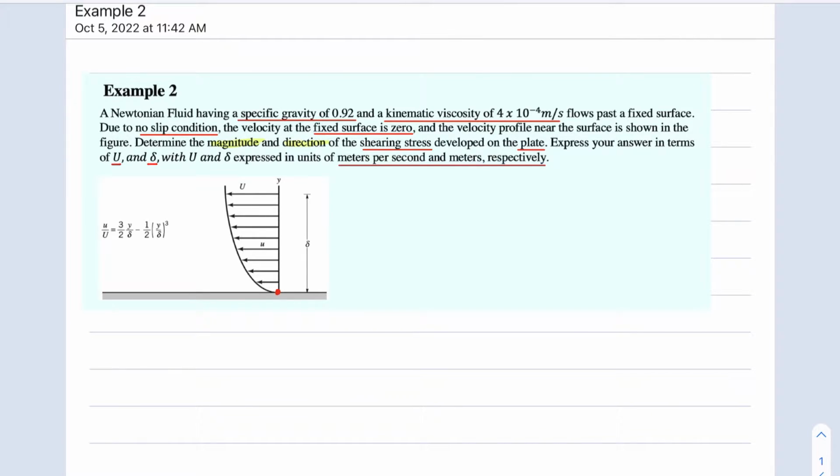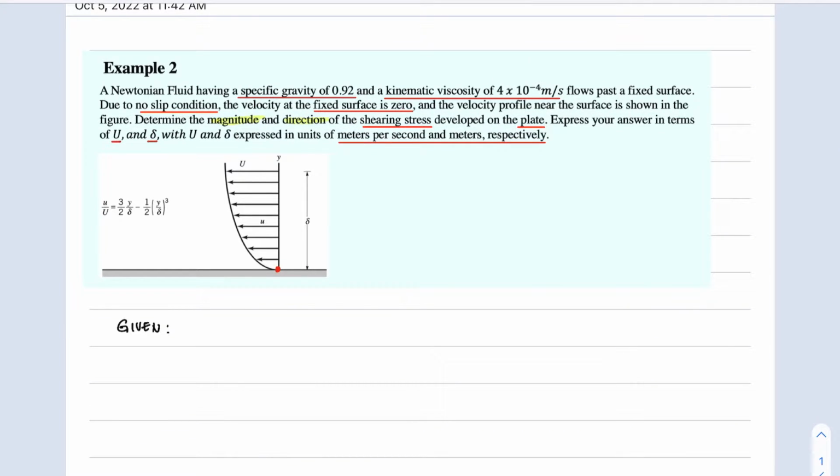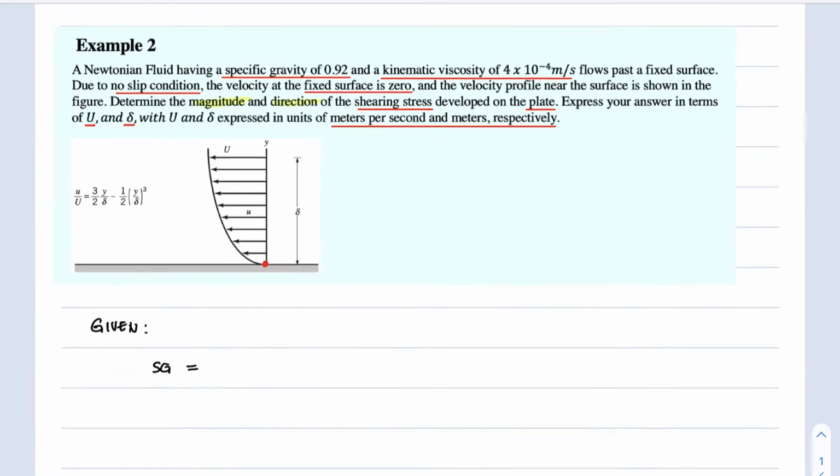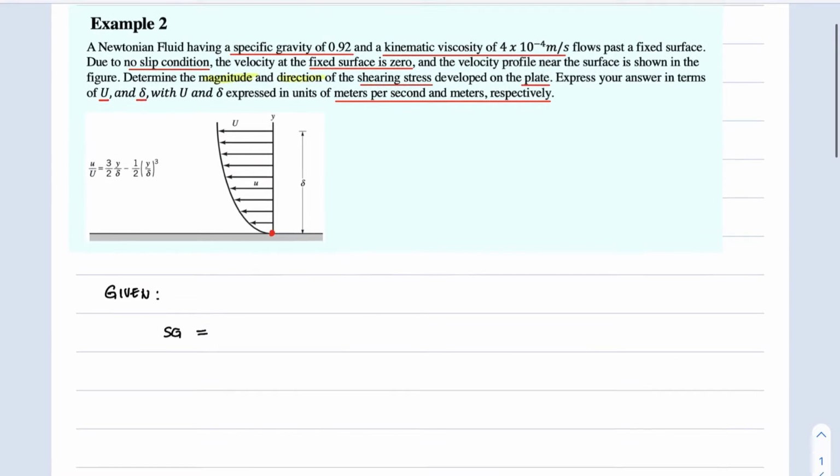So the first thing that we need to do, the same as what we are used to doing in dealing with problems, is to note the specific quantities which are given in the problem. Among the givens is the specific gravity. So I'm going to write SG, and in this problem that is equal to 0.92.